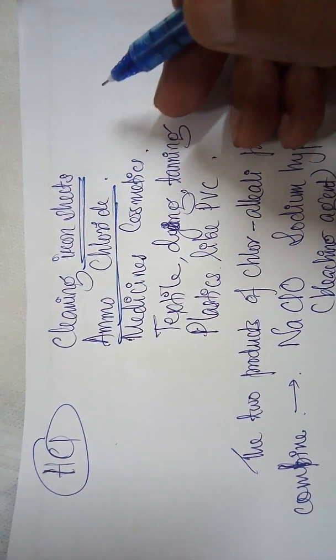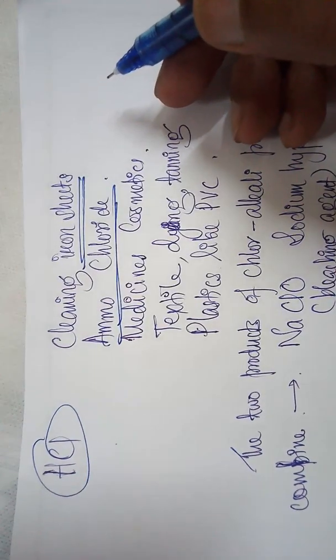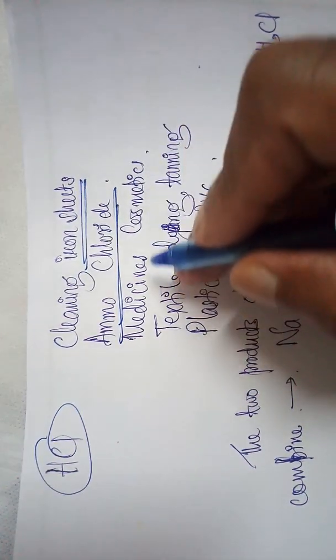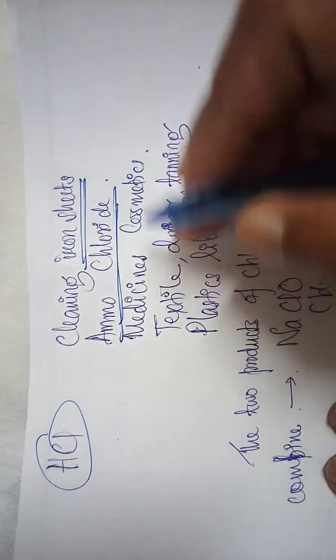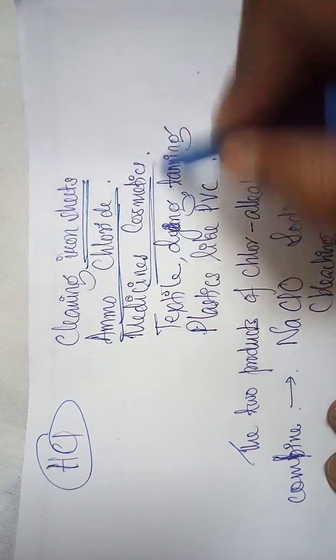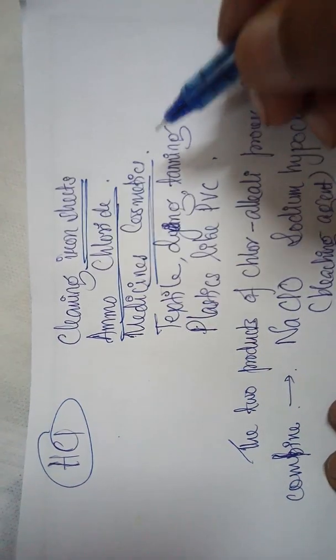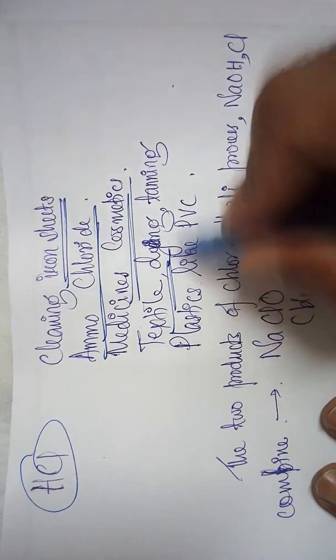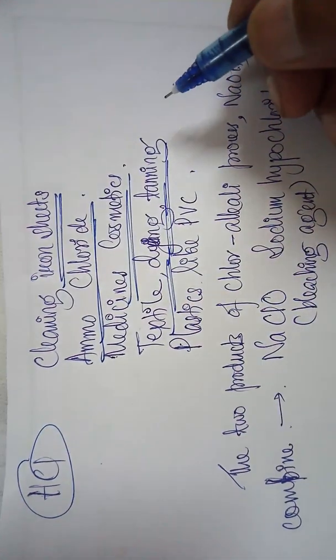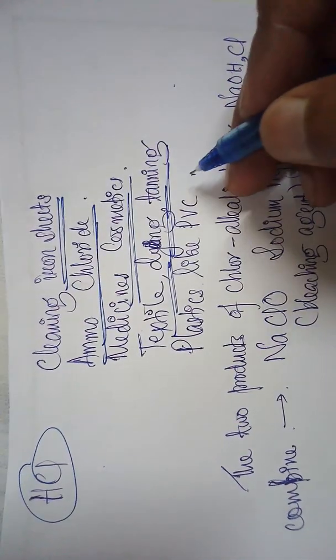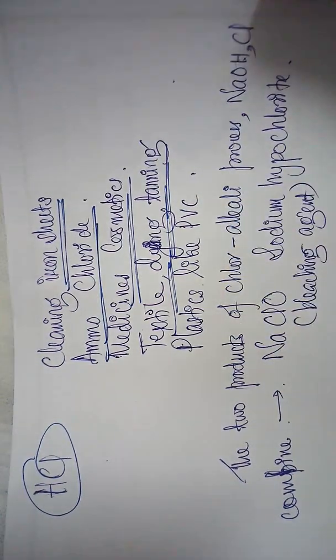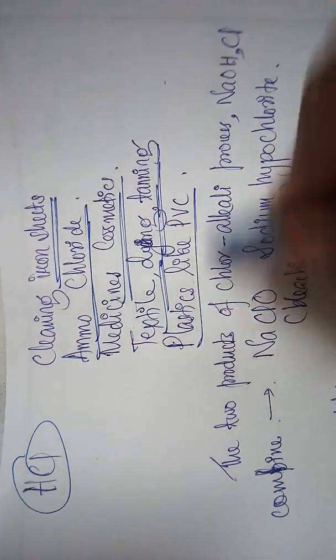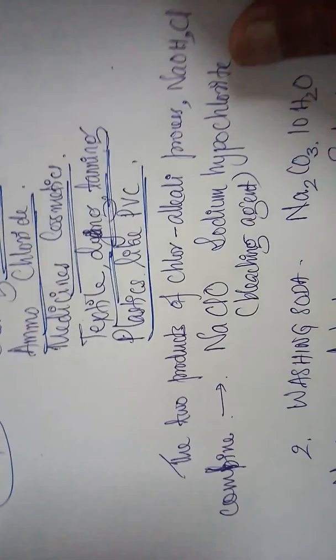Hydrochloric acid is used in the medicines and cosmetic industry. It is used in textiles for dyeing, tanning, etc. It is used for making plastics like polyvinyl chloride.